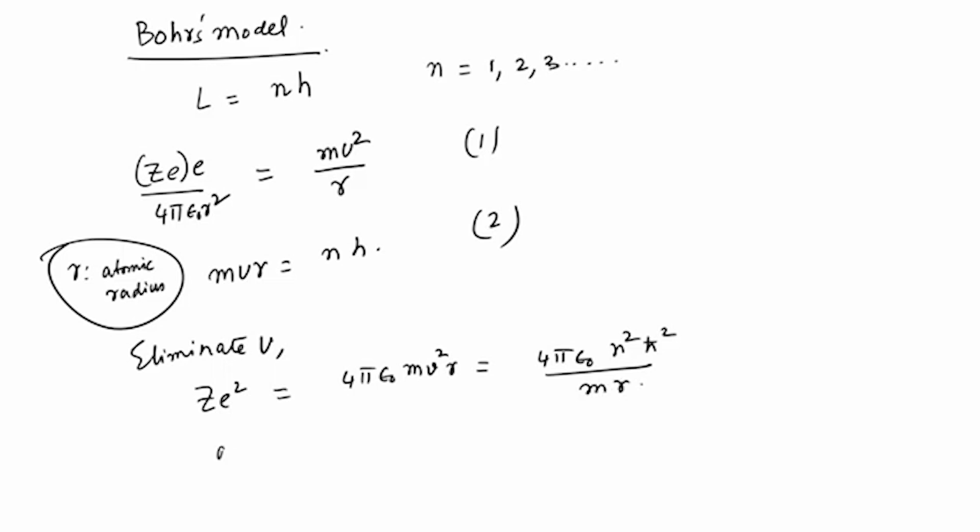So, this gives r, the atomic radius, equal to n²ħ² and m Ze². m is of course the mass of the electron. Please do not confuse, we did the last problem in which m was the mass of the alpha particles. Here of course, m is the mass of the electron.